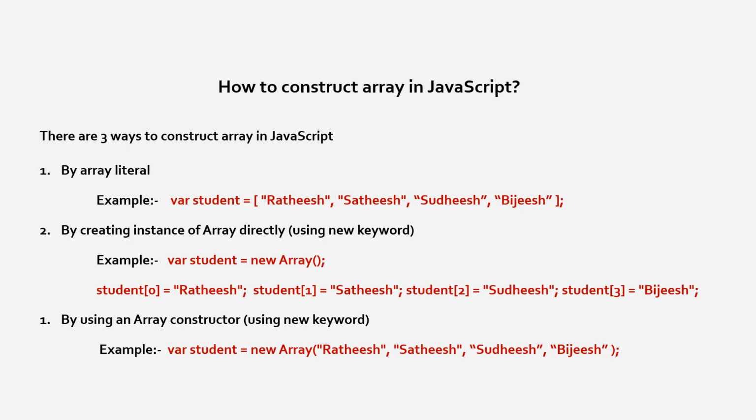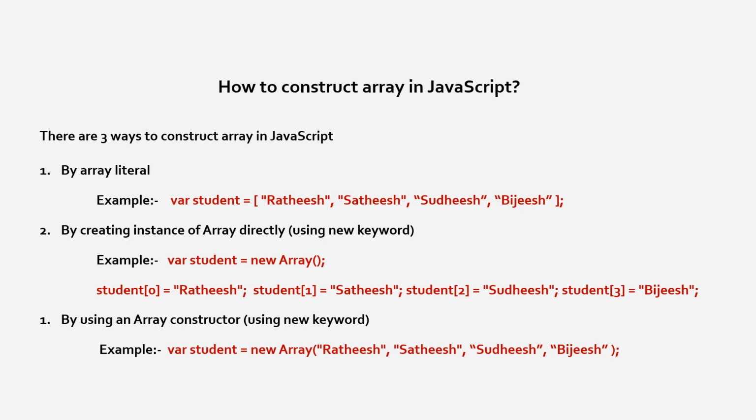Once we create such an array, we have to initialize it separately. In the first step, we did the initialization in the same step itself, but here we need to do it separately. Index-wise we need to access the array. Student of 0, in the sense first element.